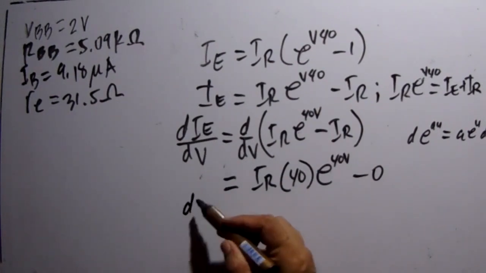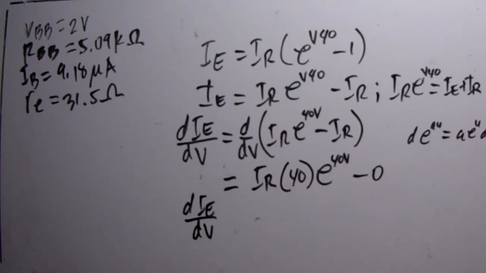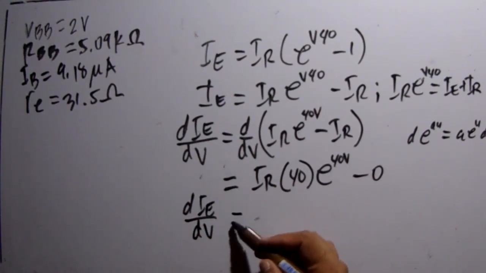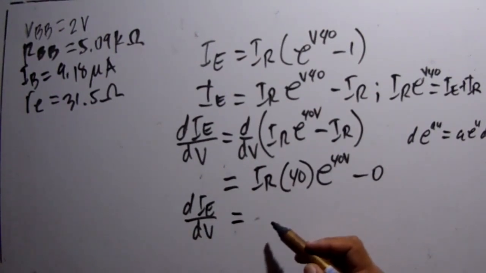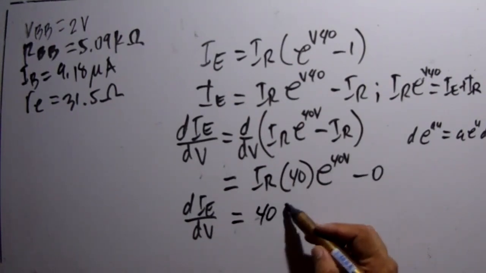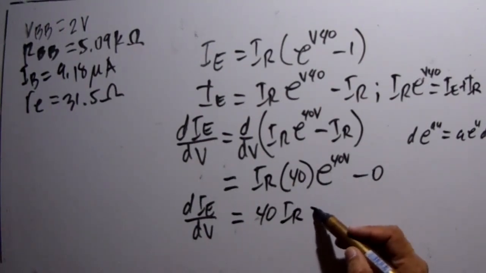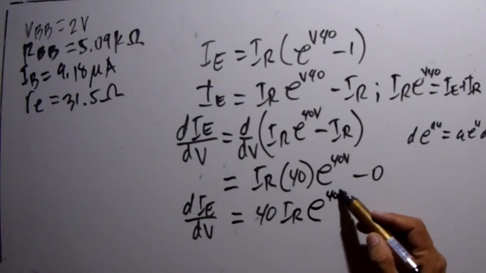Such that the derivative of IE with respect to V is simply equal to 40 times IR e raised to 40V.